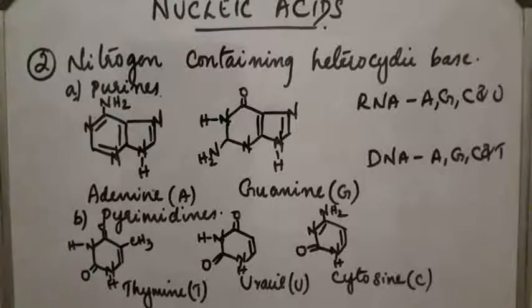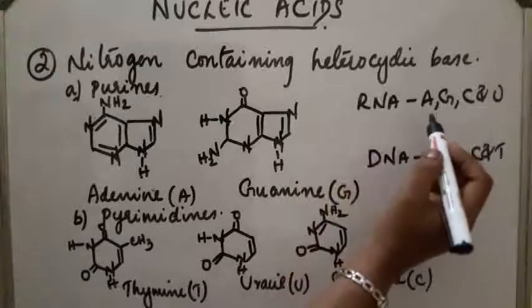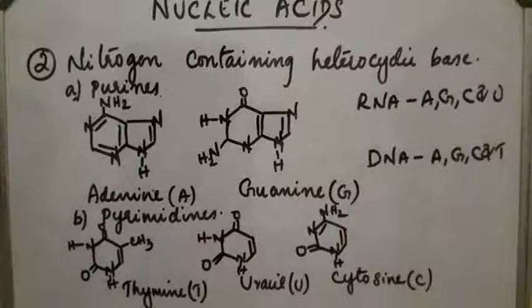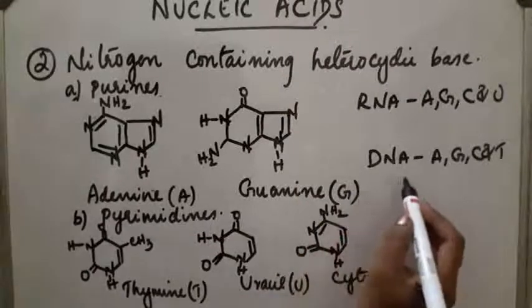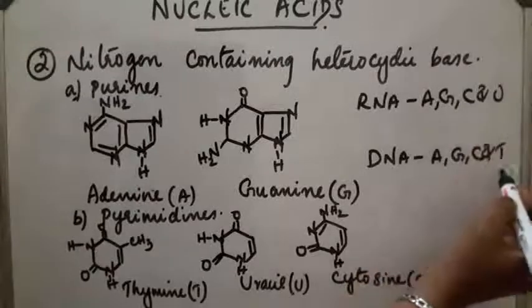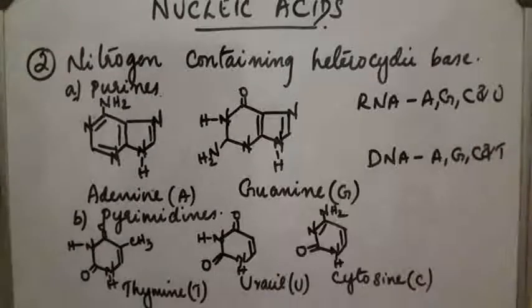RNA contains adenine, guanine, cytosine and uracil. DNA contains adenine, guanine, cytosine, and instead of uracil, it contains thymine.